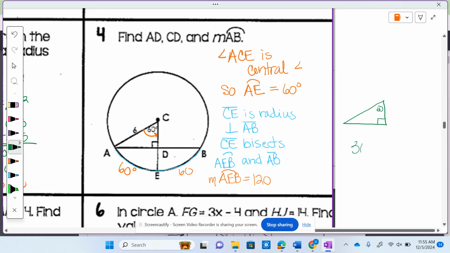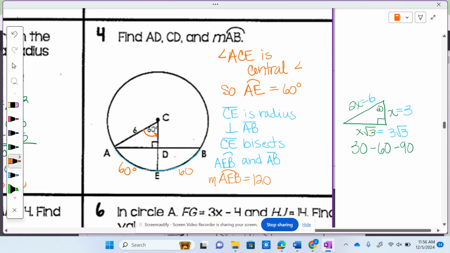It is a 30, 60, 90. So remember the small side is x. The hypotenuse or the longest side is 2x. And this side is x times the square root of 3. So if we know that the hypotenuse is 6, then that means the short leg is 3 because 2 times something equals 6. And that means that the long leg is 3 times the square root of 3.